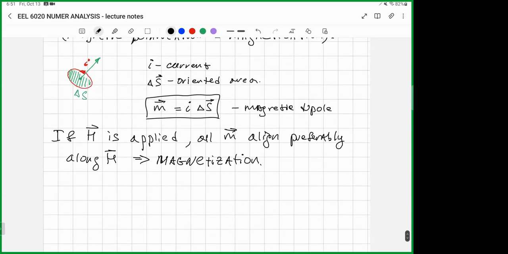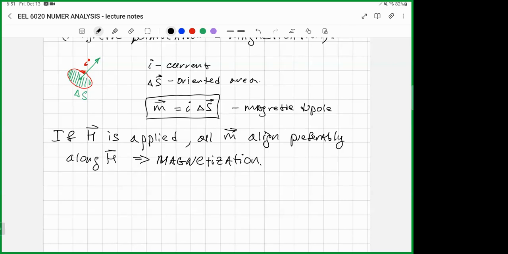Well, why loop current? Because this is an elementary magnetic dipole. The loop current like this is a model for, for example, the orbital movement of electrons around the nuclei, right?